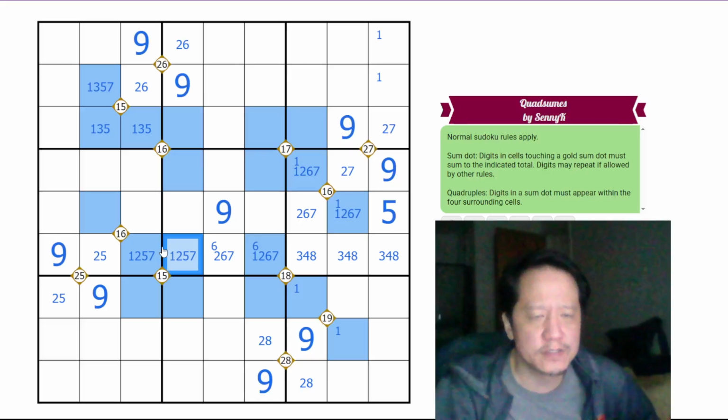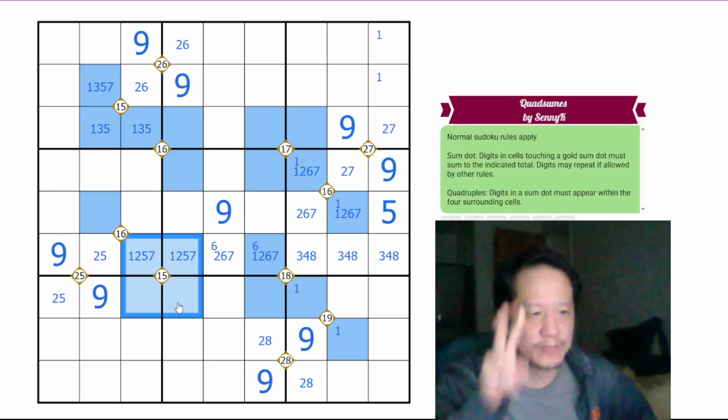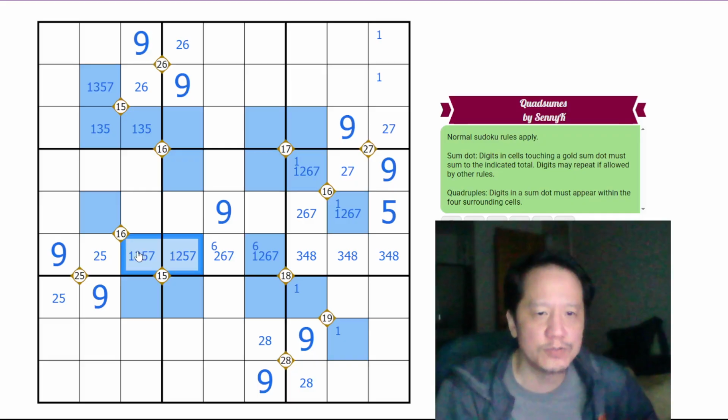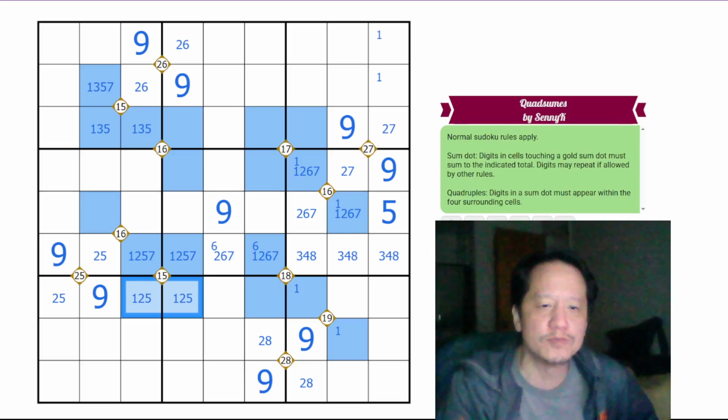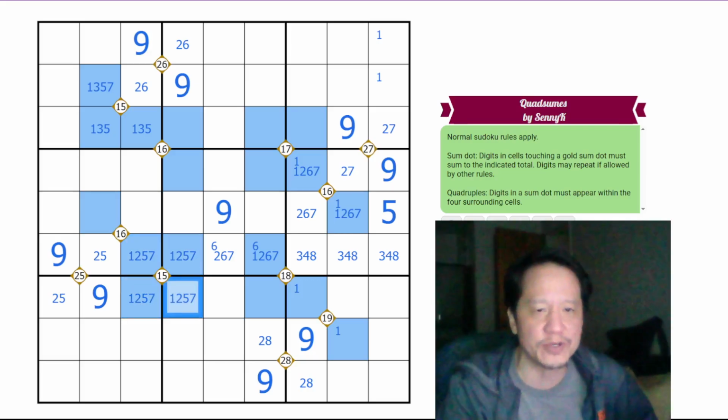So this must then be 1 and 5, and the other 2 digits must add up to 9. And we have 2 and 7 as the only possibility, so this must be a 2-7 pair. So then this is 1, 2, 5, and 7 also. Interesting.